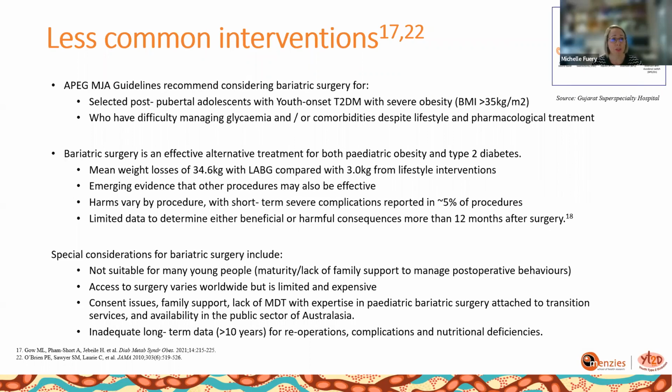And before I pass on to Carolyn, in terms of bariatrics, the APEG MJA screening, assessment and management of type 2 diabetes guidelines recommend the use of bariatric surgery for selected post-pubertal adolescents with youth-onset type 2 with severe obesity with a BMI of greater than 35, who have difficulty managing glycemia and or comorbidities despite lifestyle and pharmacological treatment.